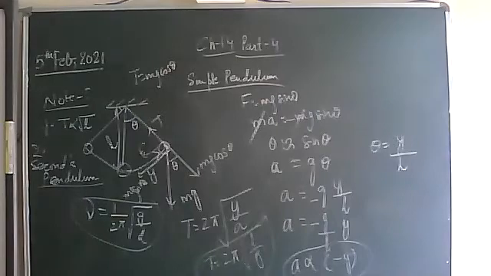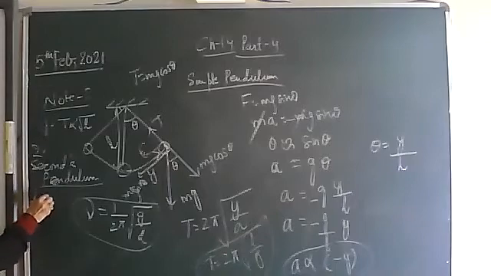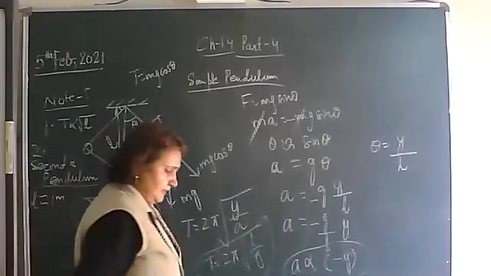So you can calculate the length of such a pendulum. The length of a seconds pendulum is approximately equal to 1 meter. Okay, it is 99.3 centimeters. So approximately we can take it to be 1 meter.